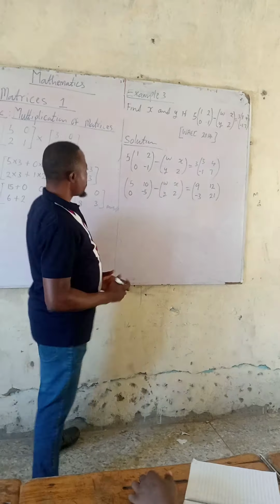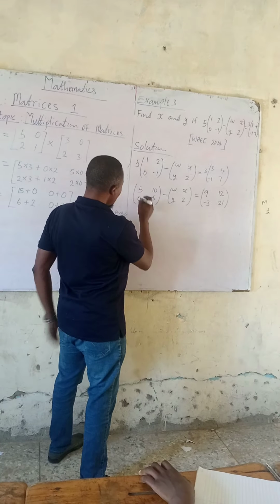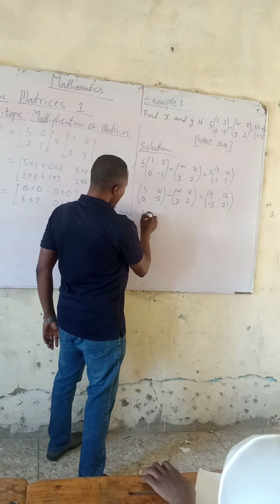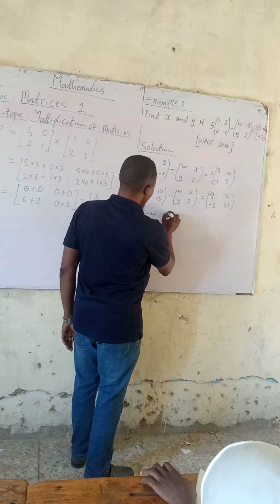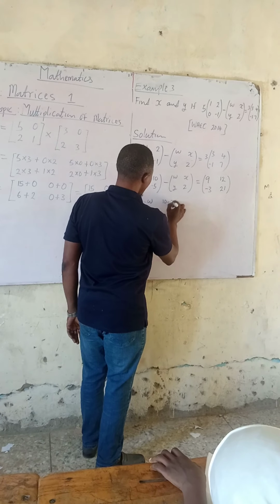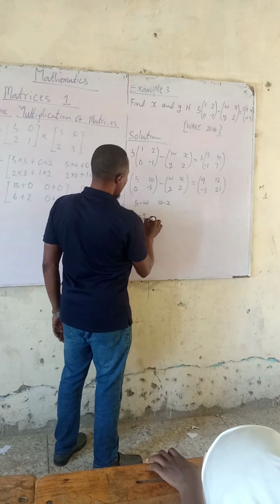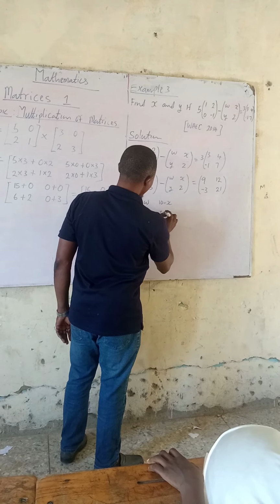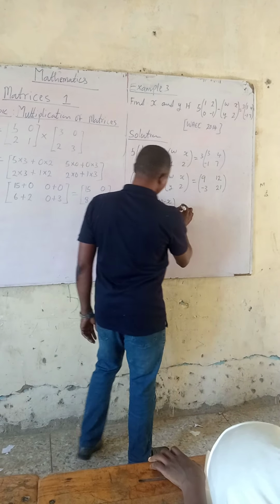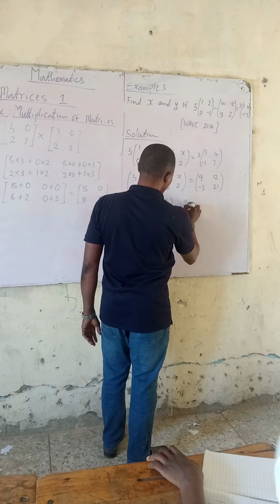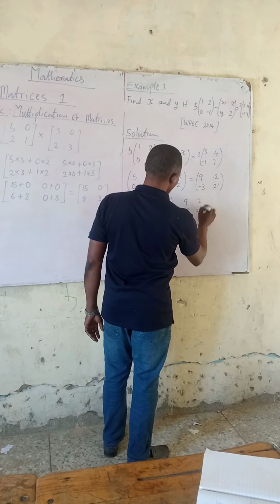So now, from there, we will subtract the first one and the second one. So we now have 5 minus W, 10 minus X, 0 minus Y, and minus 5 minus Z. Now everything equals 9, minus 3, 12, and 21.